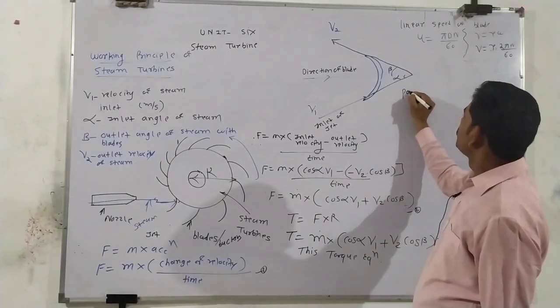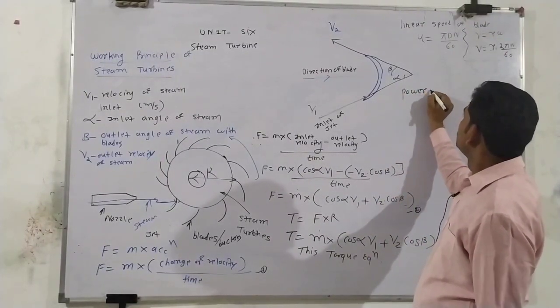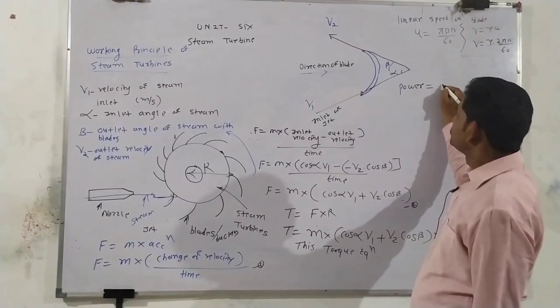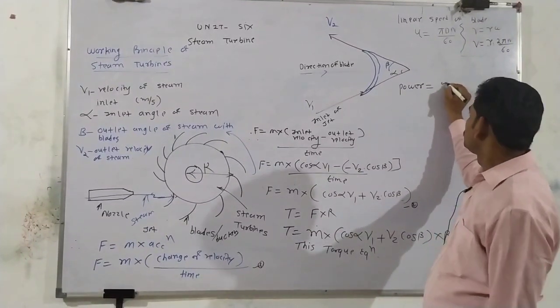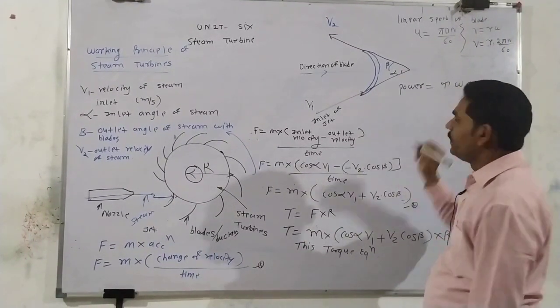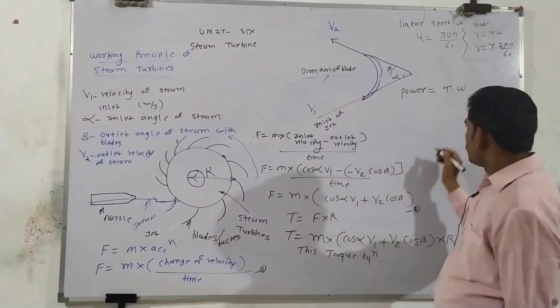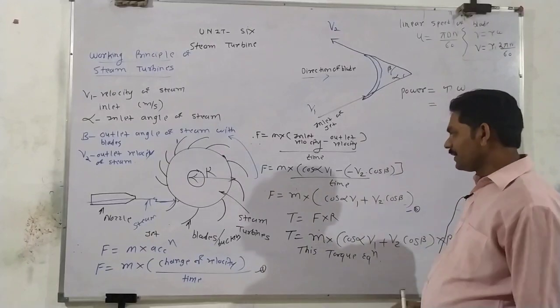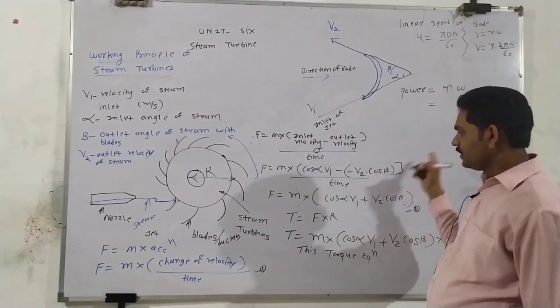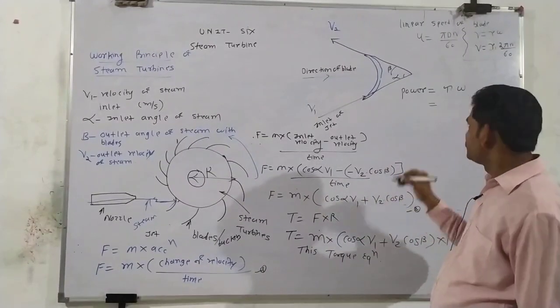Then after that, we have another equation: how much power is produced by the blades. So the power produced by the blades, what is the formula? Power is equal to torque into omega. This is the simple formula. Torque is F into R, how much torque we calculated here, and omega is 2 pi n upon 60.